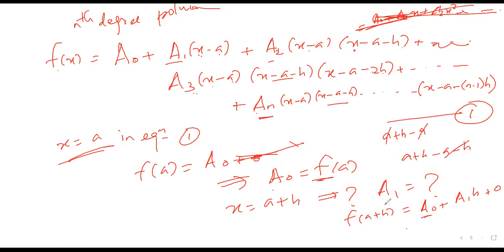So can you find a1 in terms of f of a and all? What is a1? When you put the next x value one by one, the other terms will be cancelled.